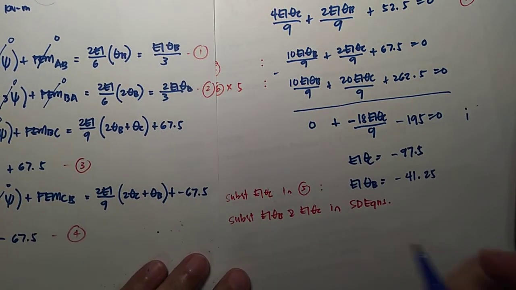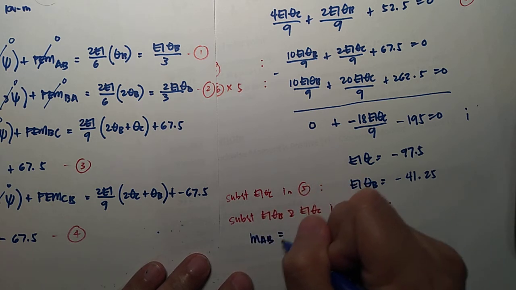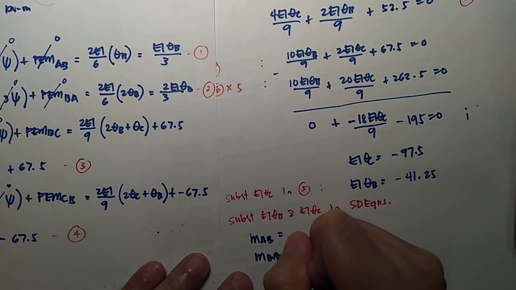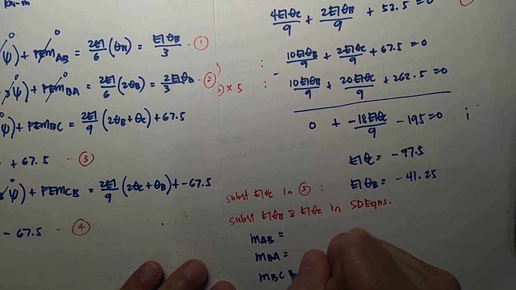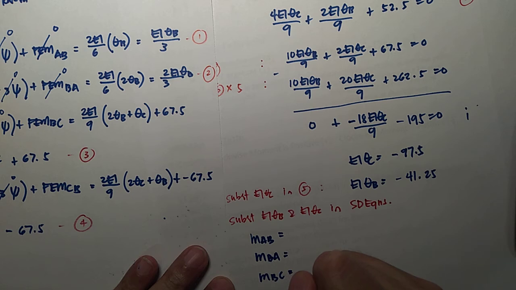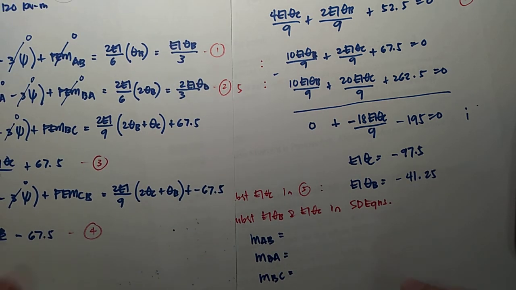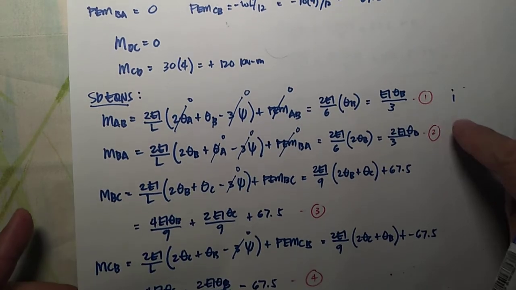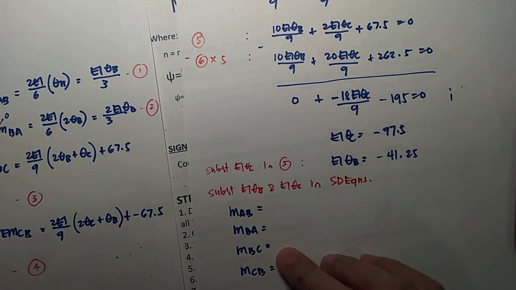Pag sinubstitute mo yun, makukuha mo yung moment sa AB, moment sa BA, moment sa BC, saka moment sa CB. Yan. Pagka sinubstitute mo yung values na to dito sa equations 1, 2, 3, and 4, you could solve for these moments.